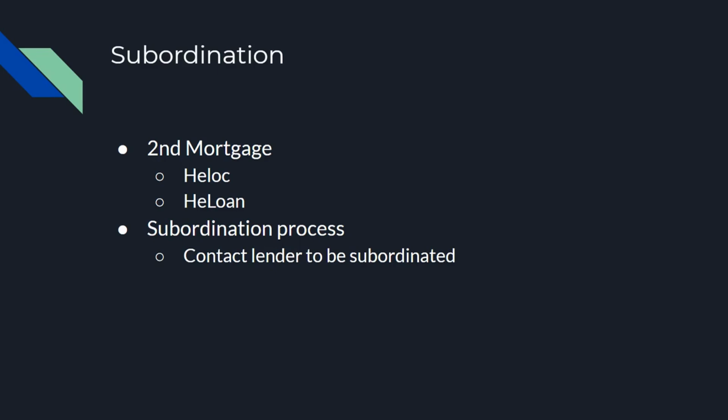They would most likely either send us a link or send us some information, direct us to their subordination department, who will then forward us some sort of document, normally giving us the outline as to how to complete a subordination. It's normally some sort of checklist where they'll tell you to submit the documents associated with your loan: the 1003, the 1008, the borrower's income documents, asset documents, maybe AUS, basically the loan file.